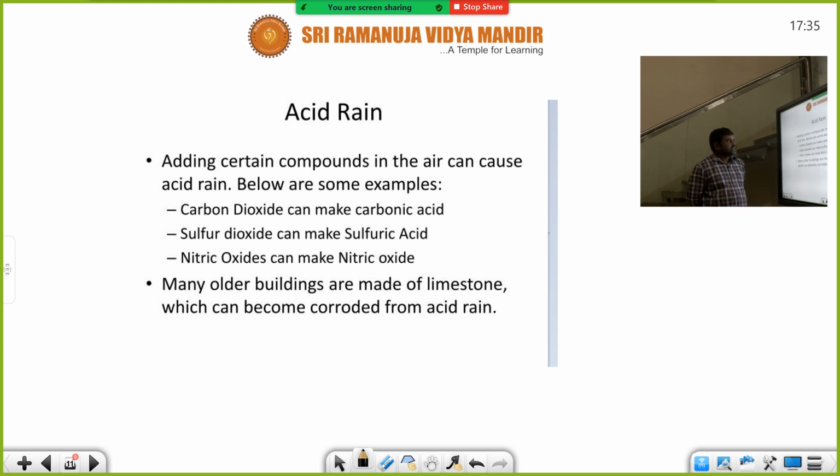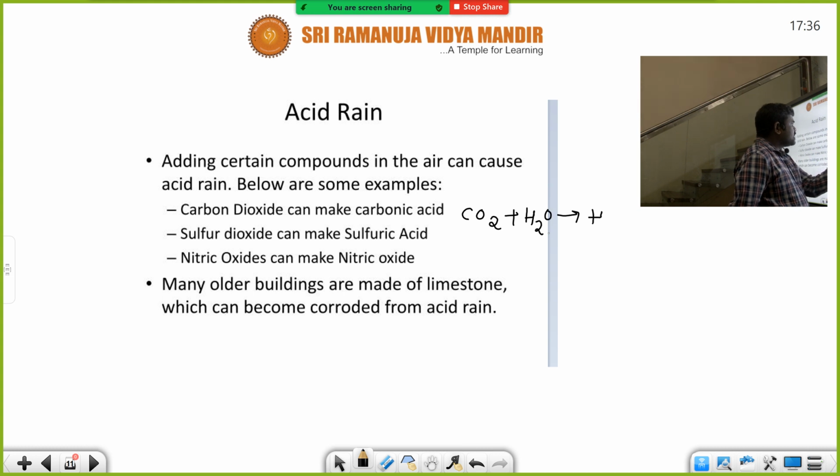Adding certain compounds to the air can cause acid rain. That is, carbon dioxide can make carbonic acid: CO2 plus H2O gives H2CO3, that is carbonic acid.